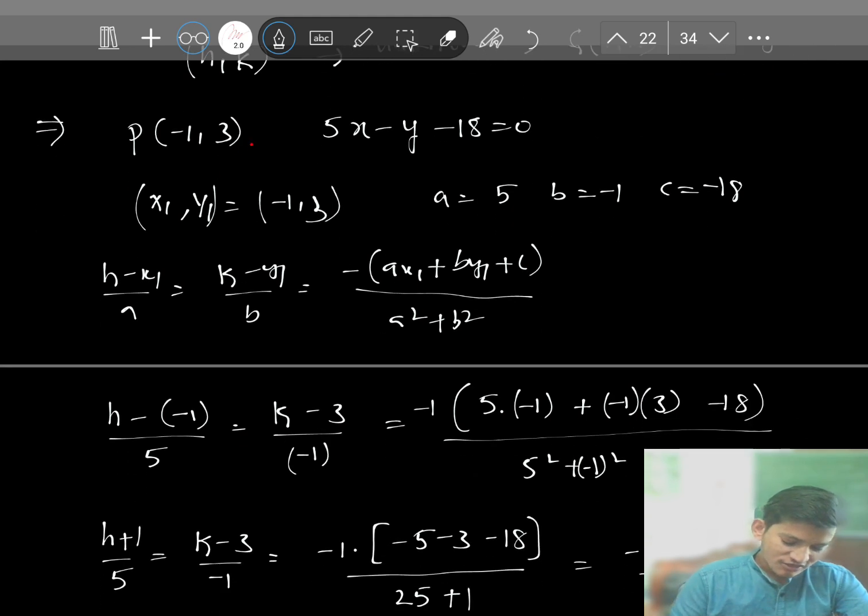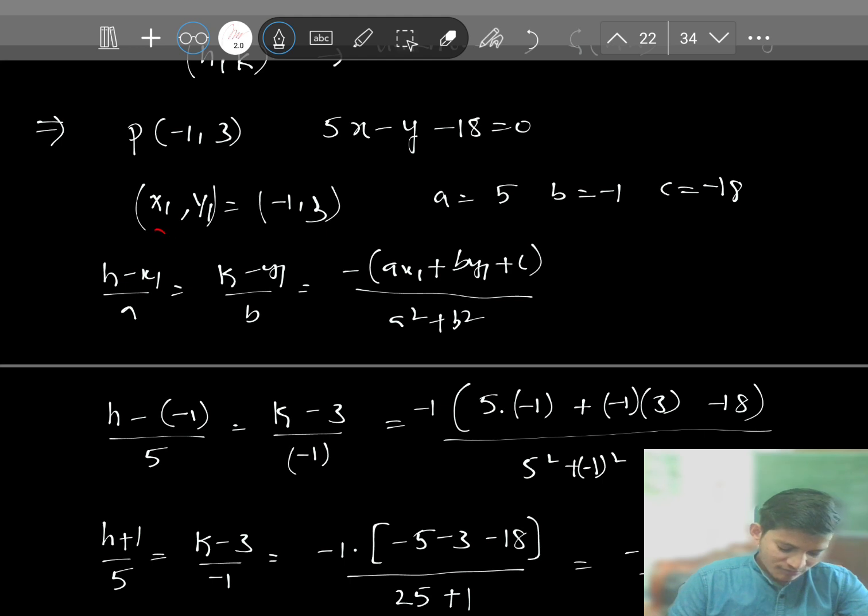And the extension question was mentioned like, if P(−1, 3) is the point and 5x − y − 18 = 0 is the equation of the straight line, then what is the foot of perpendicular (h, k) with respect to these two conditions?